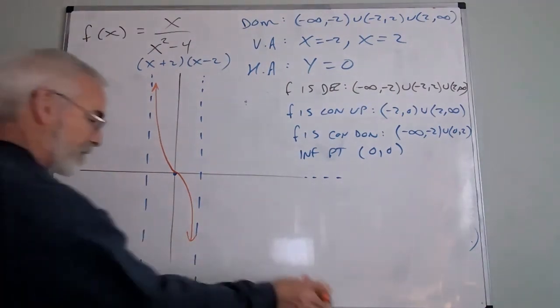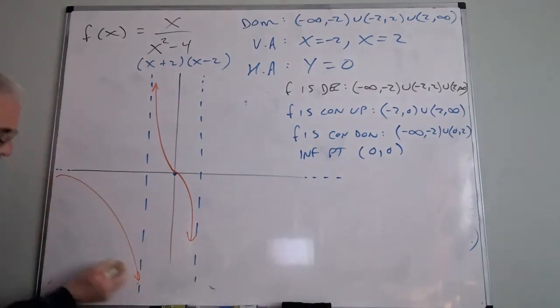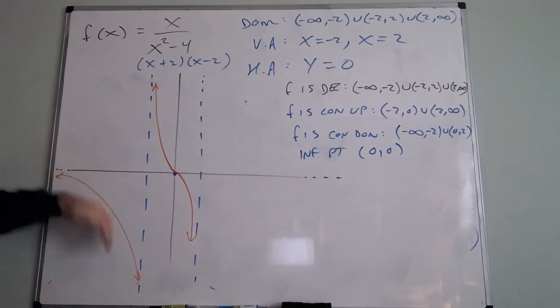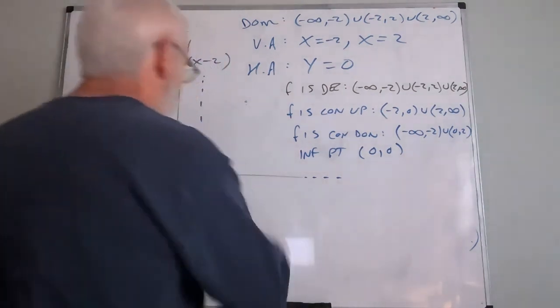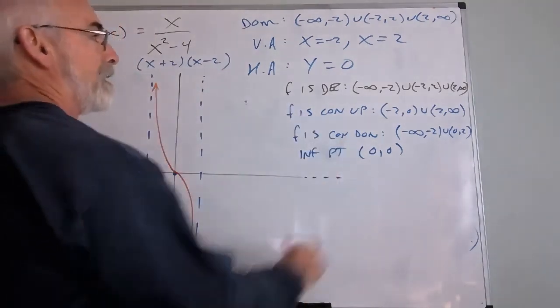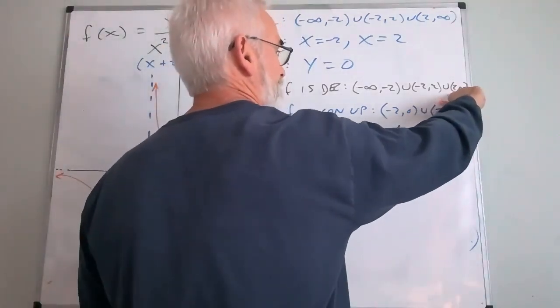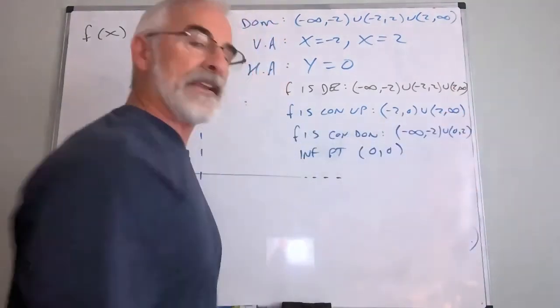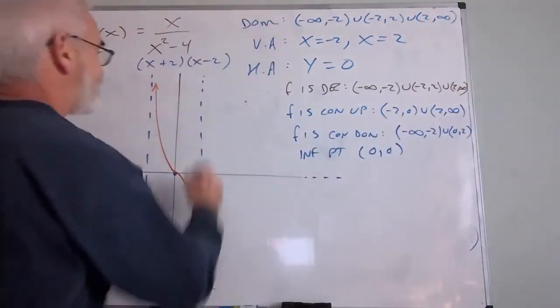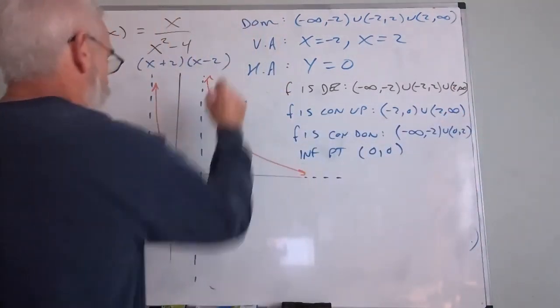I need a little closer. There. Never crosses the axis. It's going downhill and it's concave down. All right, how about the other side? To the right of here, it's decreasing and it's concave up and it never touches the axis. There, we're done.